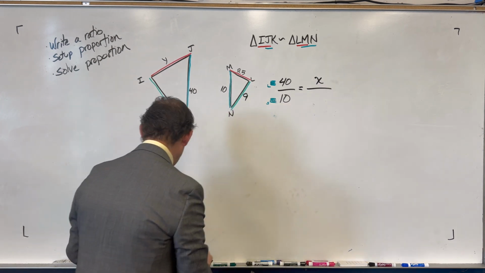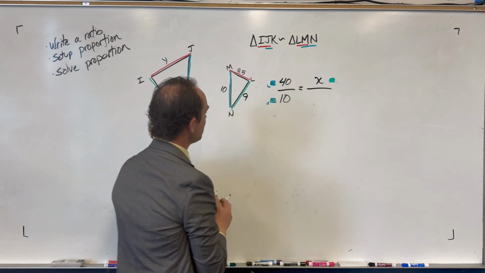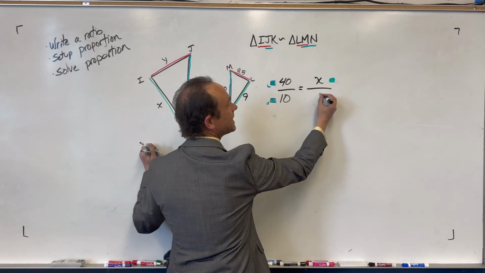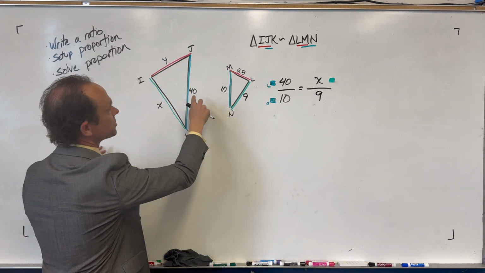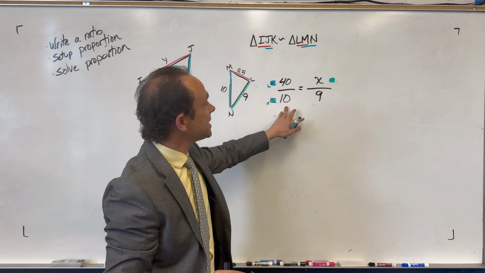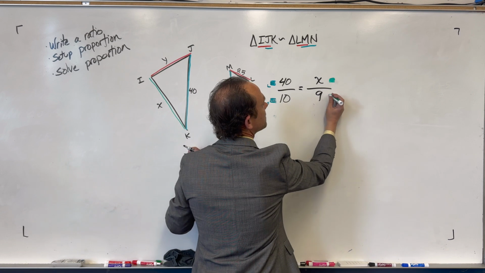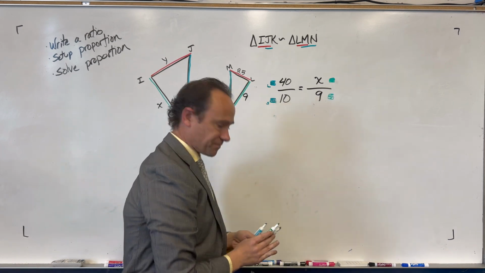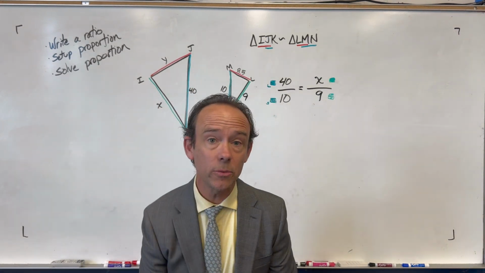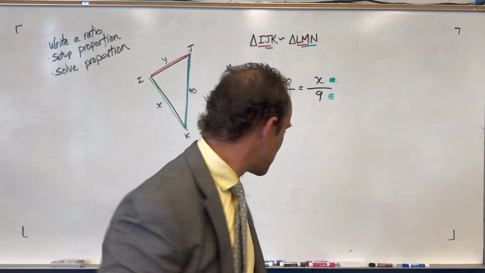Keep in mind X, if I'm just following colors, is green. So down here I would put 9, because the ratio of 40 to 10 is the same ratio as X is to 9. Okay, so I write a ratio, I set up my proportion, and now I solve.